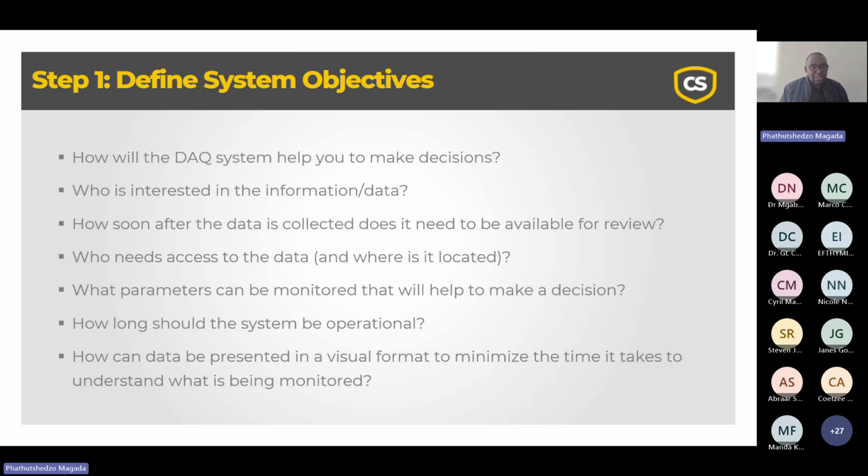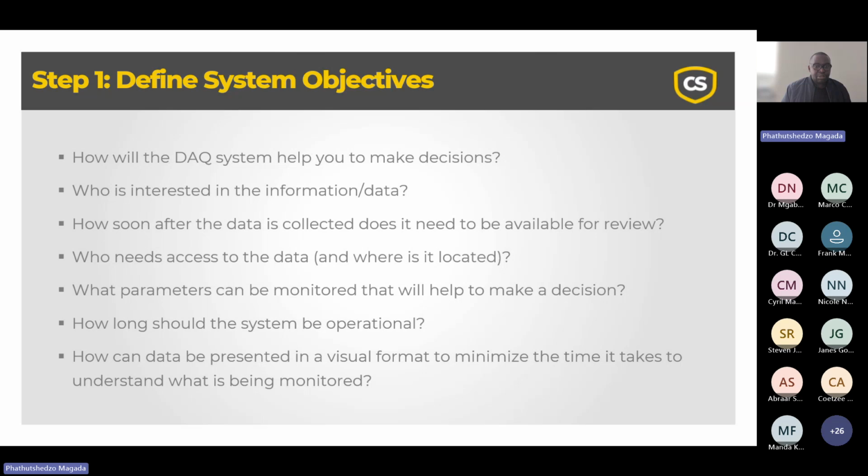So what parameters can be monitored that will help make decisions? How long should the system be operational? We need to select a system that is rugged. Most of these infrastructure projects are designed to last for 50 years, so we need to select a system that is aligned with the longevity of the infrastructure projects.